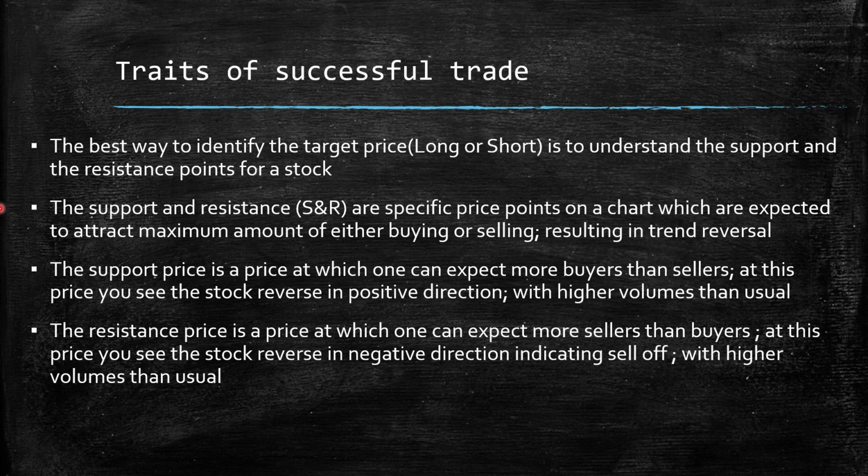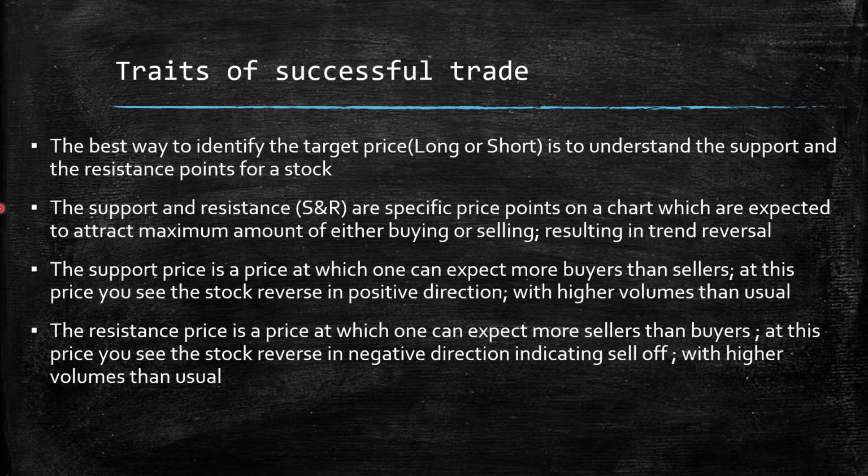And then the third point is, of course, that the support price is a price at which one can expect more buyers than sellers. That's the reason you call it a support, because the stock seems more established at that point in time. At this point, you see the stock reverse in a positive direction with higher volumes than usual, which essentially means that large players in the market are buying this stock.